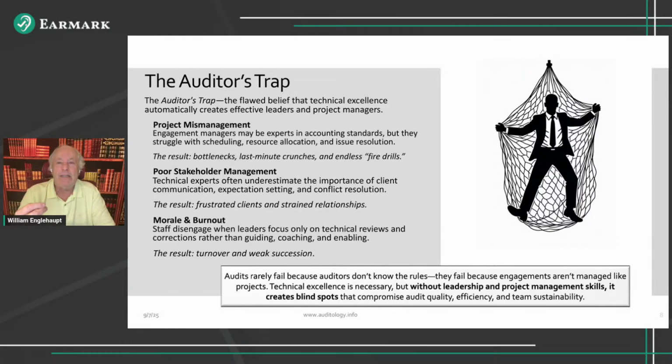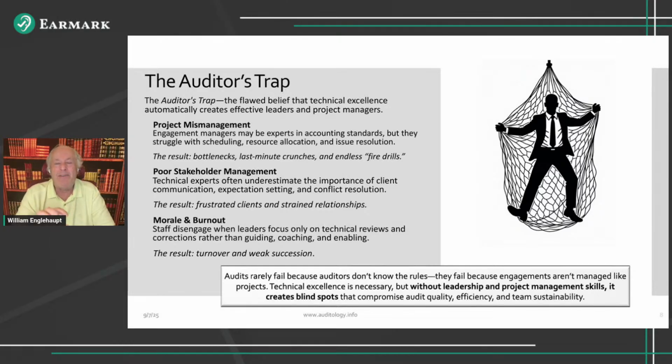The second thing that you typically see from people that are highly technical is they have more of a focus on the technical stuff, and they tend to have less of a focus on all those stakeholders that have critical pieces to play in their audits, be it the client, be it specialists, be it other people in the firm that they have to be involved with.